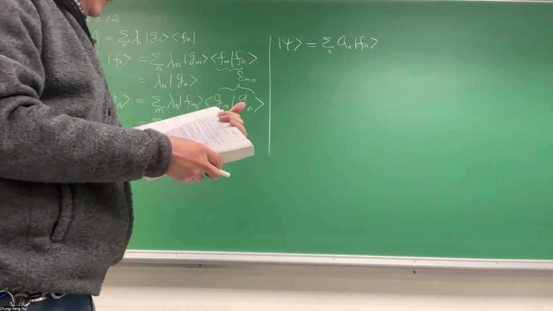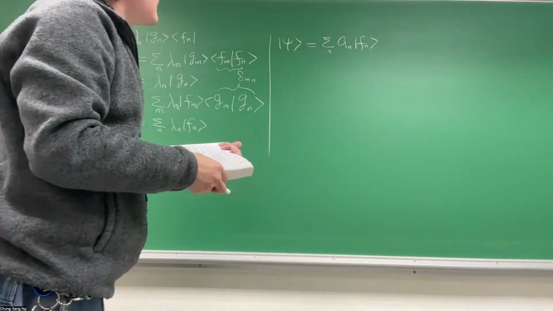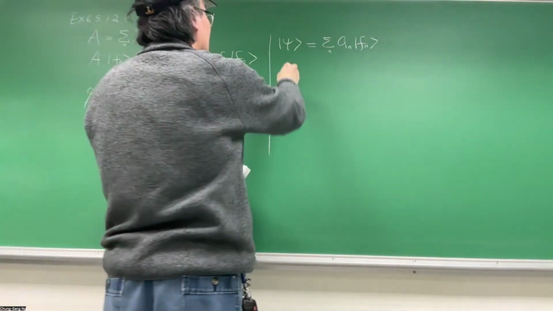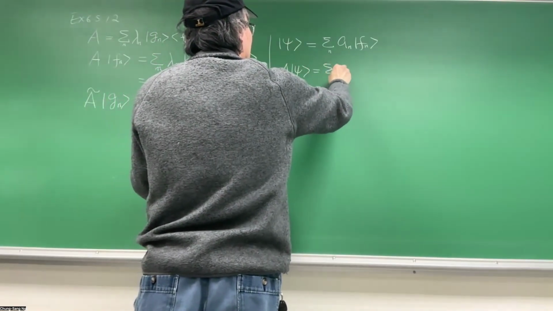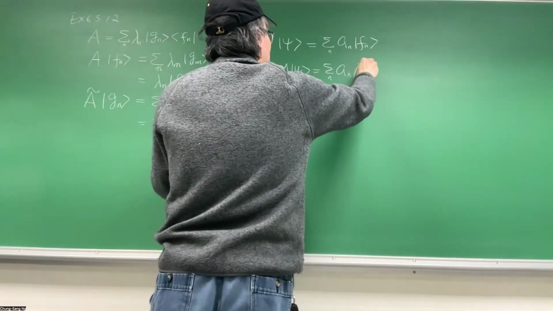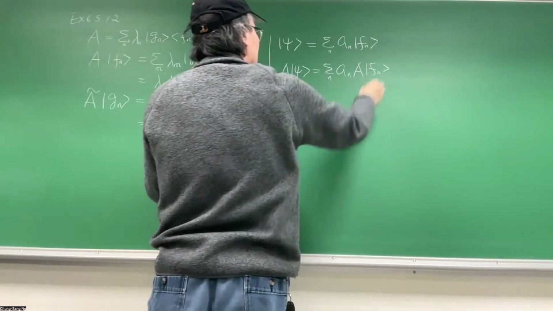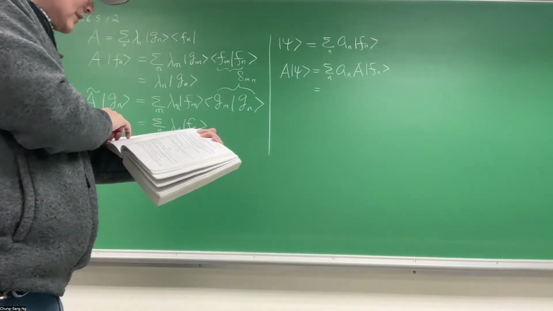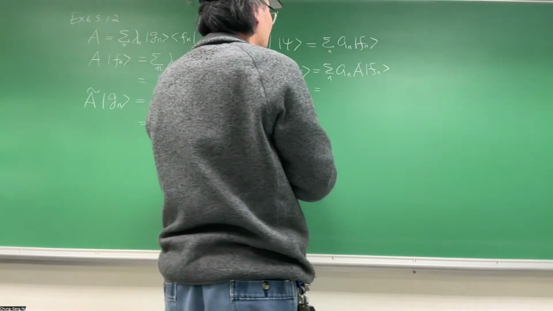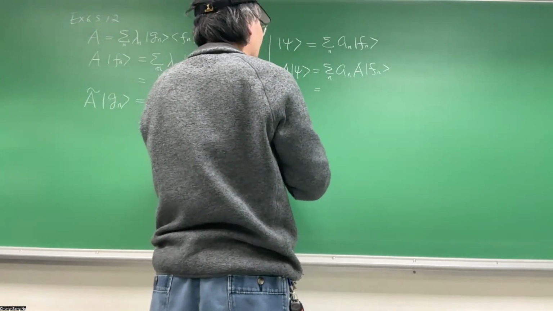Right, and then A operate on psi is equal to the sum over n of A sub n times A operate on F sub n. And according to the previous question, A operate on F sub n gives you lambda sub n.